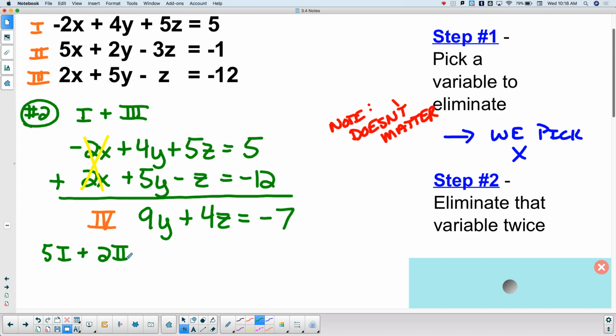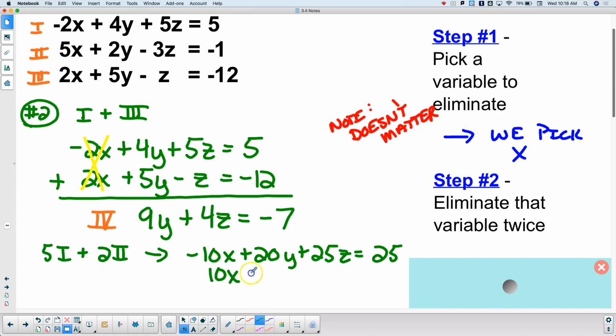So if I do that, then that's negative 10x plus 20y plus 25z equals 25. And then 2 times equation number 2 is going to be 10x plus 4y minus 6z equals negative 2.